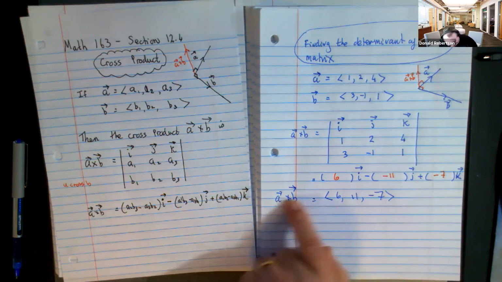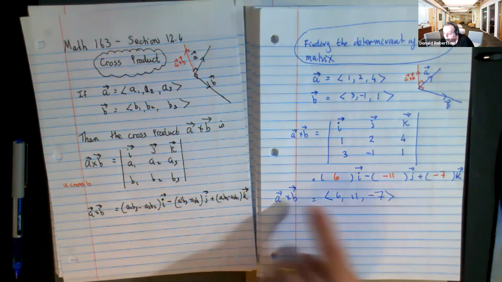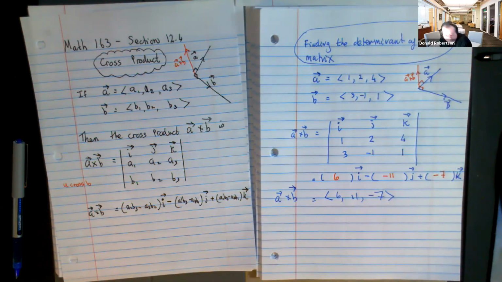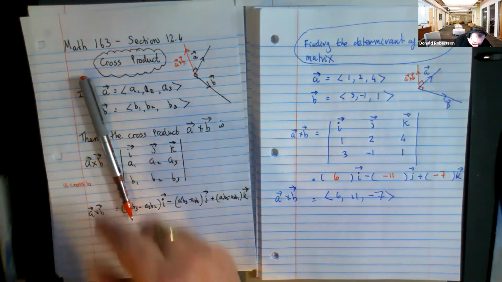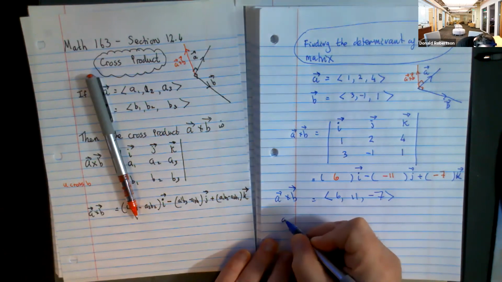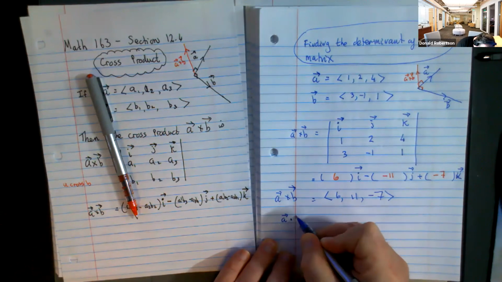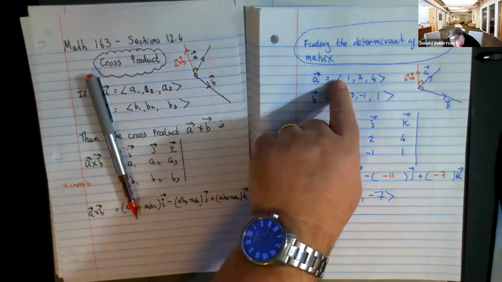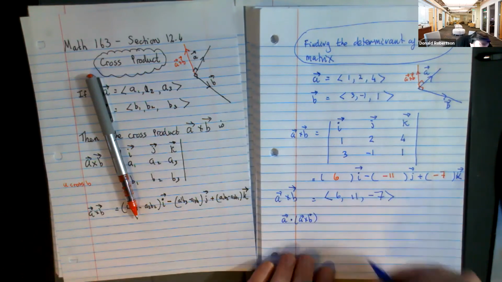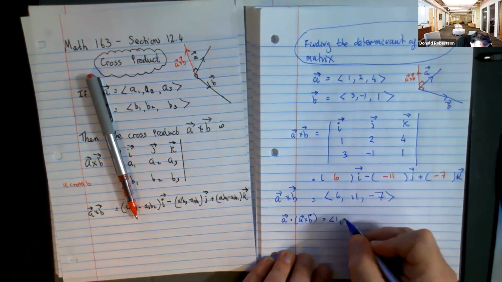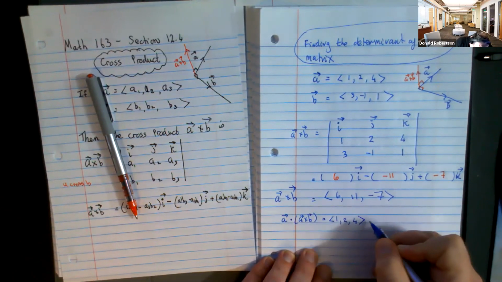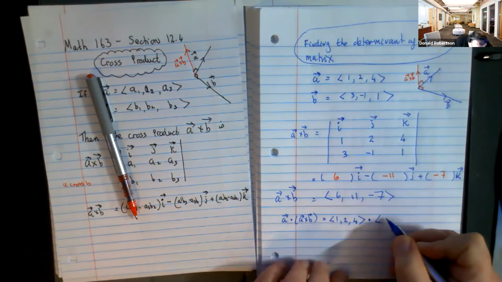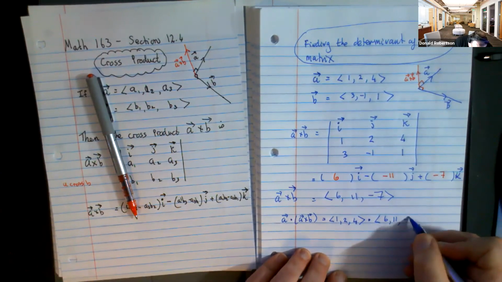Right now, you're just trusting me that this actually works, that it does give you what we said it does. So let me check it. If I do a dot product with these 2 vectors, A dot product with this, I get 1, 2, 4, dot product with this guy, 6, 11, -7.